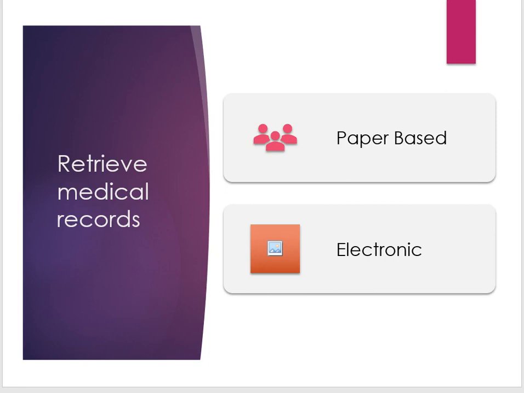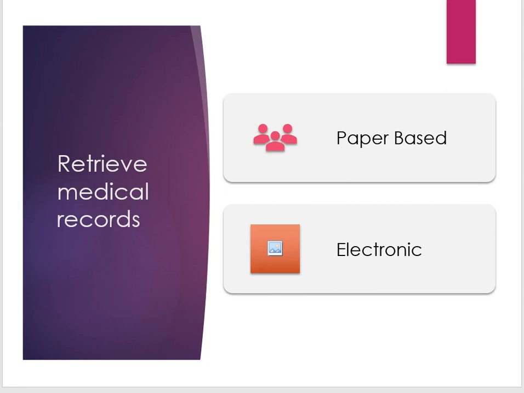of numbers and letters. So if you're talking about a paper-based system, you'll have to know how that record is identified as it relates to that organization so that you can then determine how you are able to go and retrieve the health record. Now, with electronic health records, it's a lot easier because generally you are typing in either the patient's medical record number or you're typing in their name.